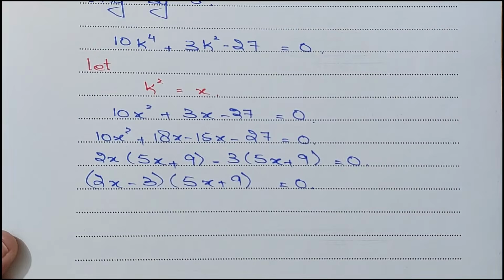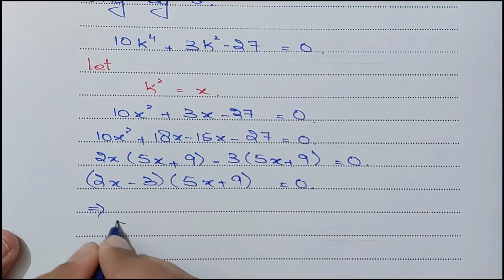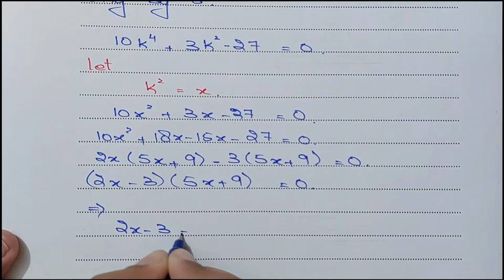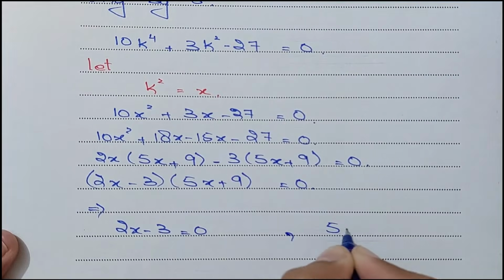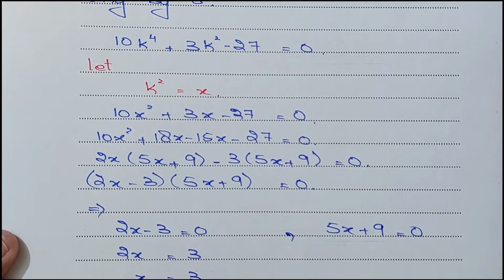Let me set both factors separately equal to 0 to get the value for x. So from here we have 2x minus 3 equal to 0, and 5x plus 9 equal to 0. So 2x would be 3, and x is equal to 3 by 2, right?